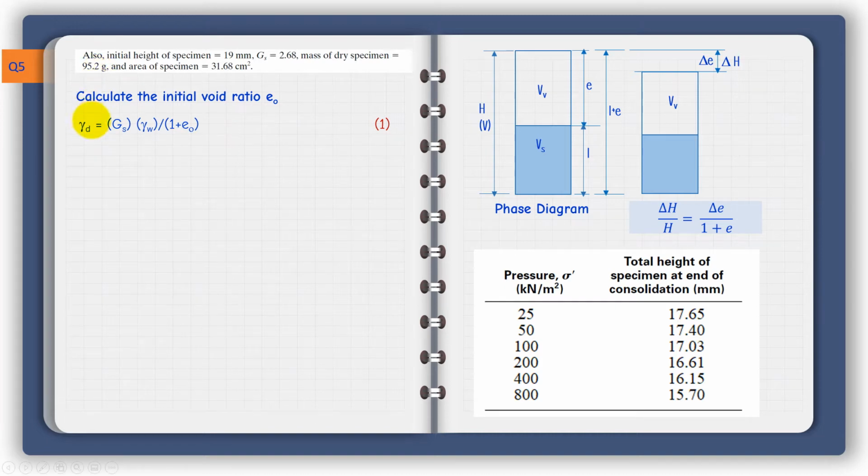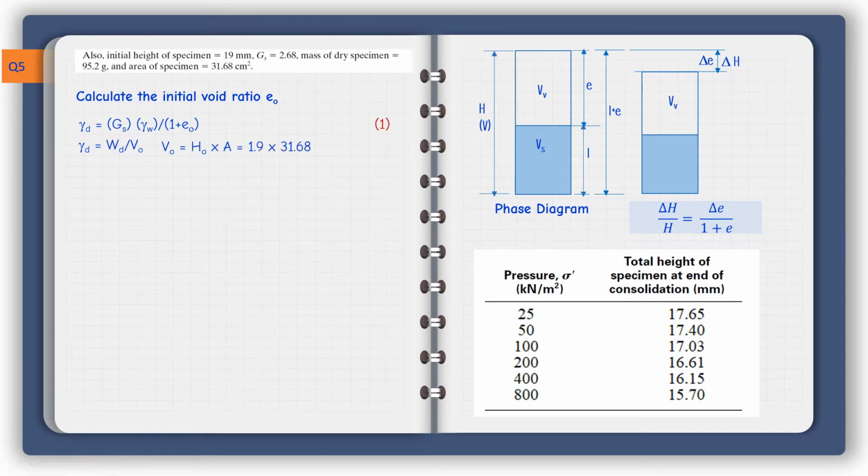That's the dry unit weight equals the specific gravity times gamma water divided by 1 plus the initial void ratio e naught. If you know two values, you can get the third. The basic definition of the dry unit weight is the dry weight of the soil divided by V naught, which is the total volume, denoted as V in this phase diagram.